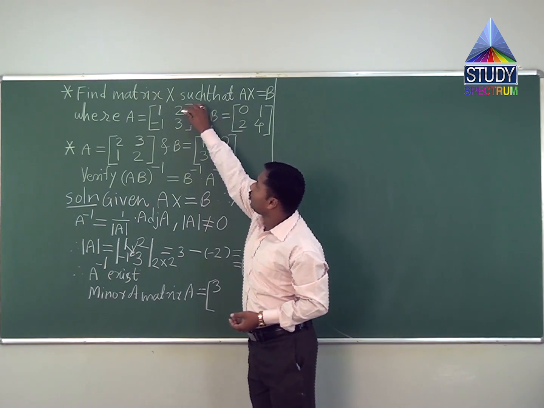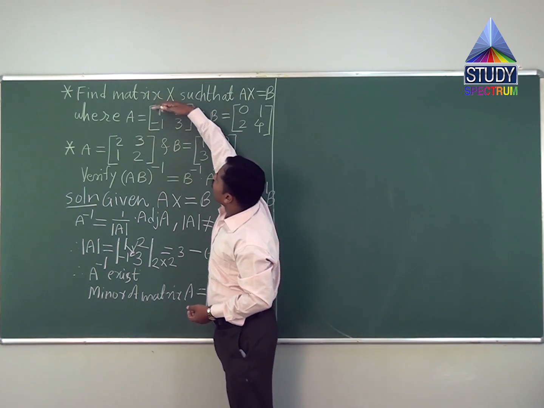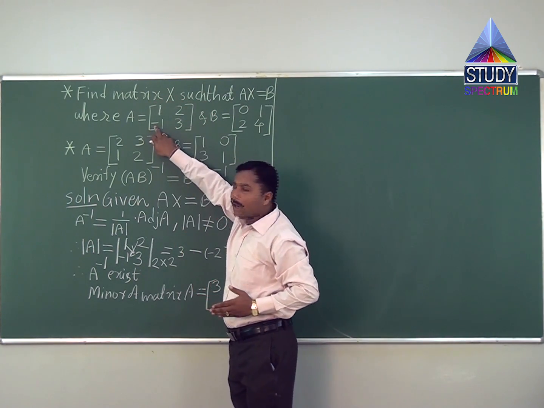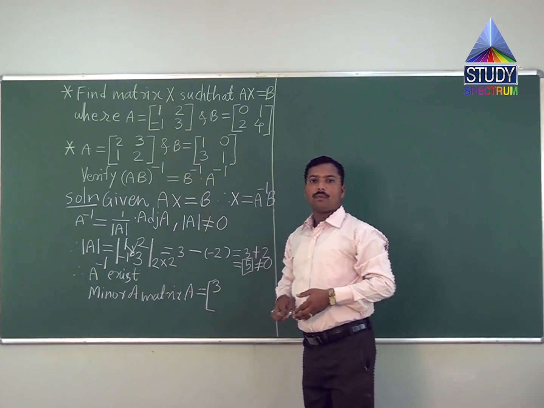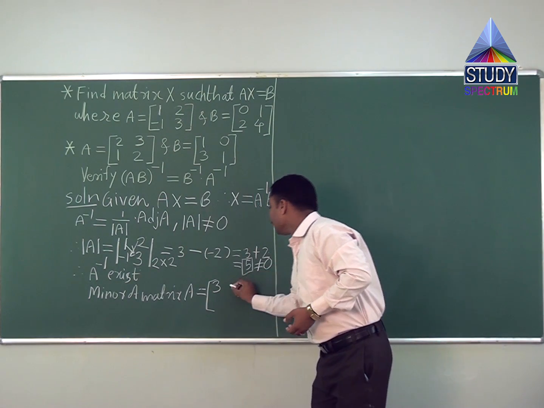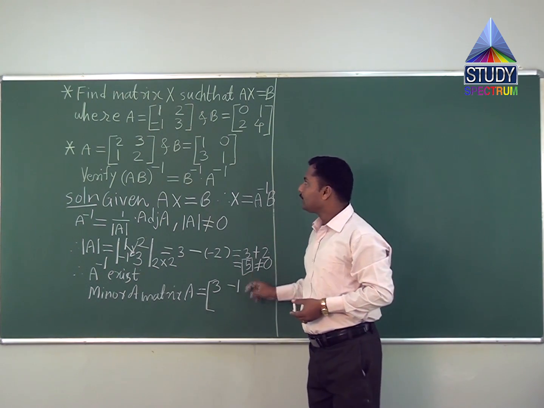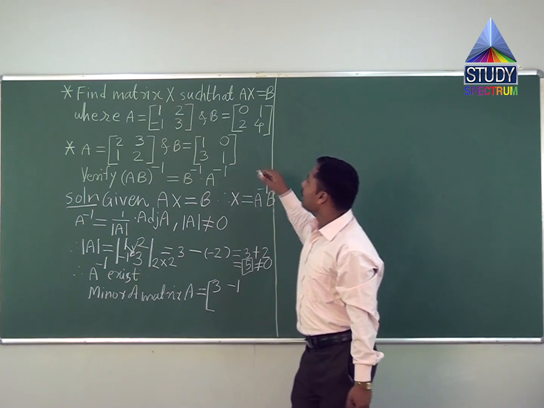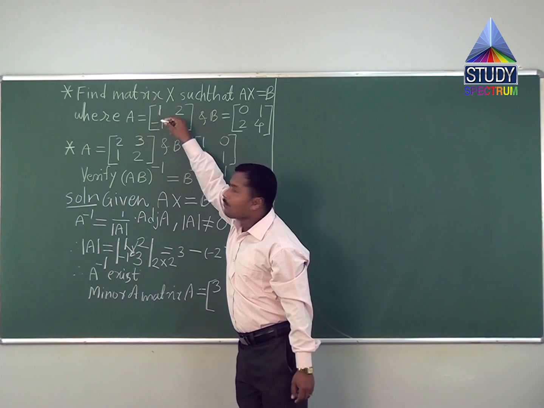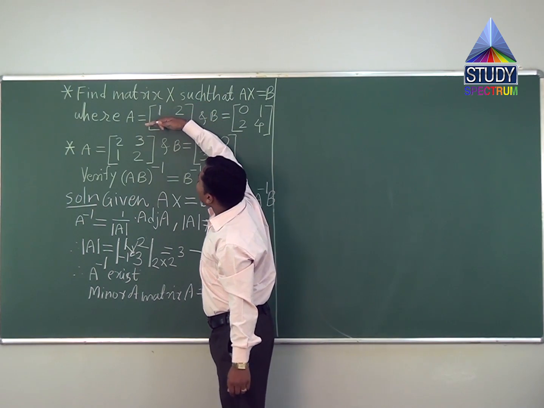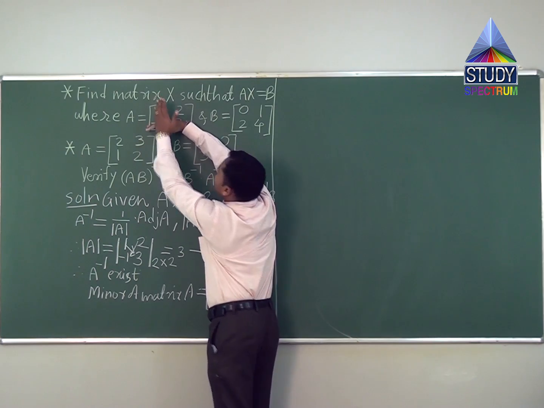Again, minor of 2: row, column delete, what remaining? Minus 1. Determinant of minus 1 is itself. Next, what is the minor of minus 1? Row, column delete.